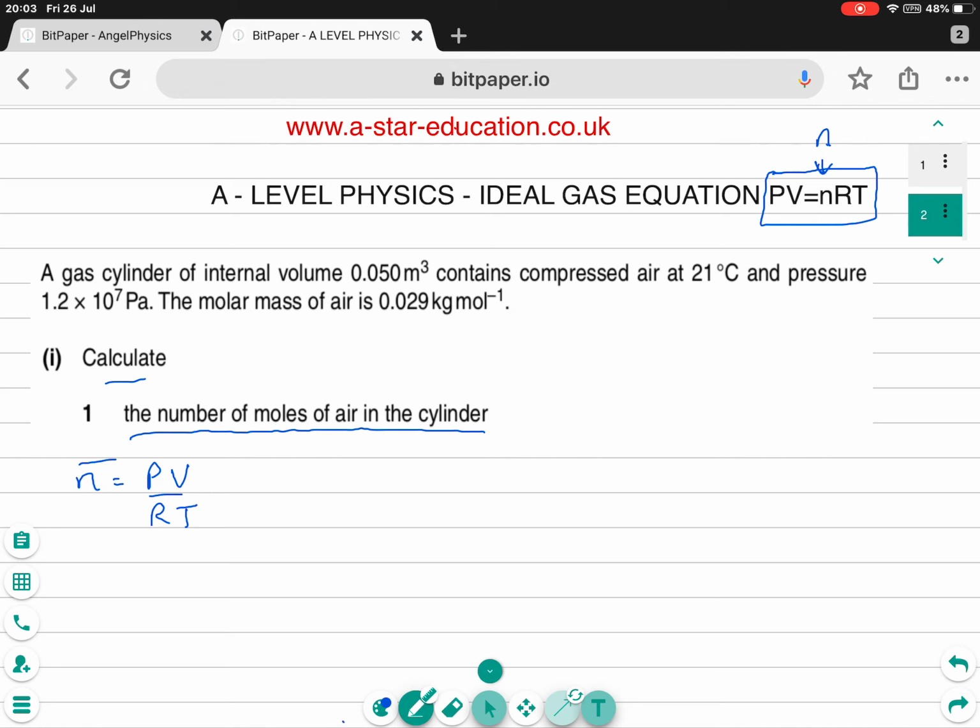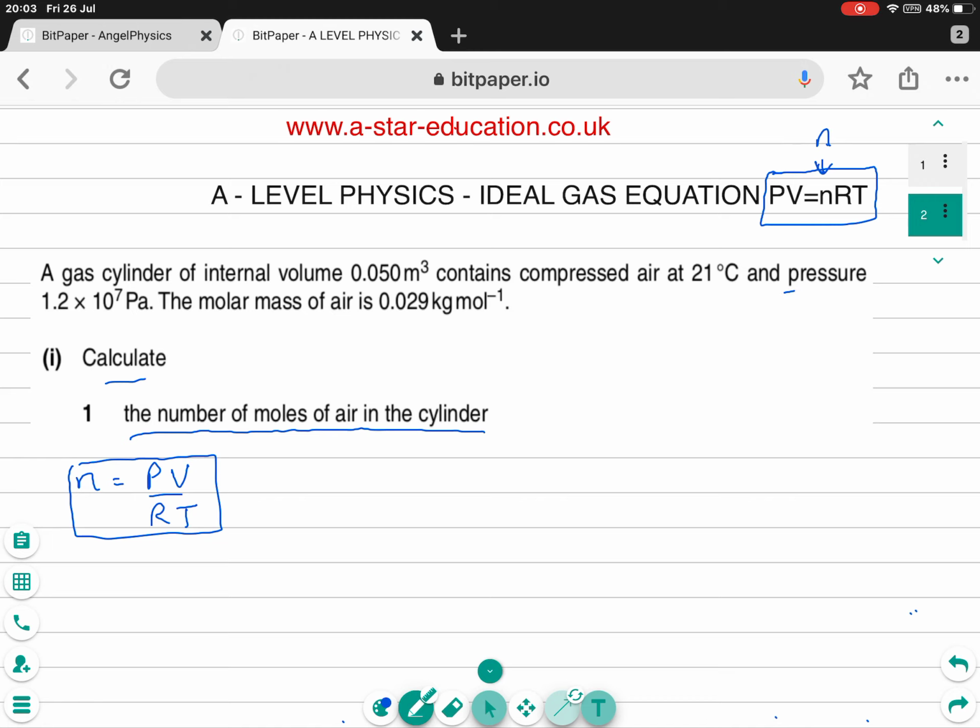What we need to do is look at the question and try to identify the P, the V, the R, and the T. Let's have a read. Let's try to find the pressure first of all.